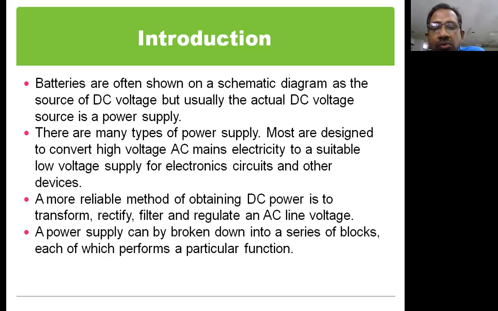So in order to get a perfect, pure DC signal at the output, we have the power supply unit, which is further subdivided into various blocks. You have to break down the bigger task into smaller tasks in order to get the work done comfortably. That's what we will be doing now.